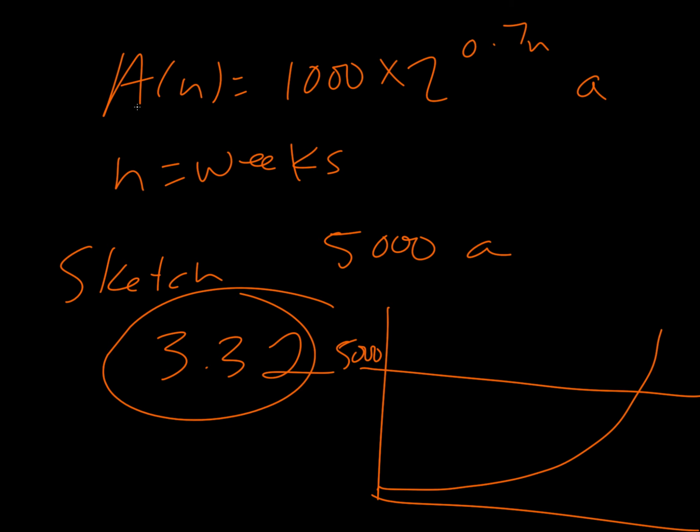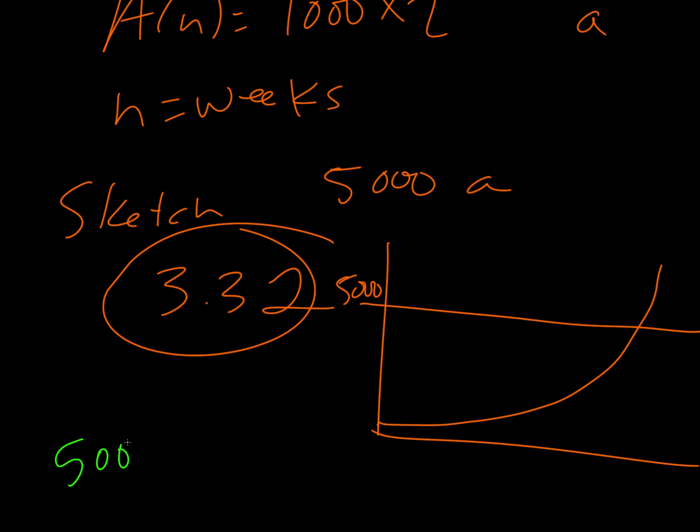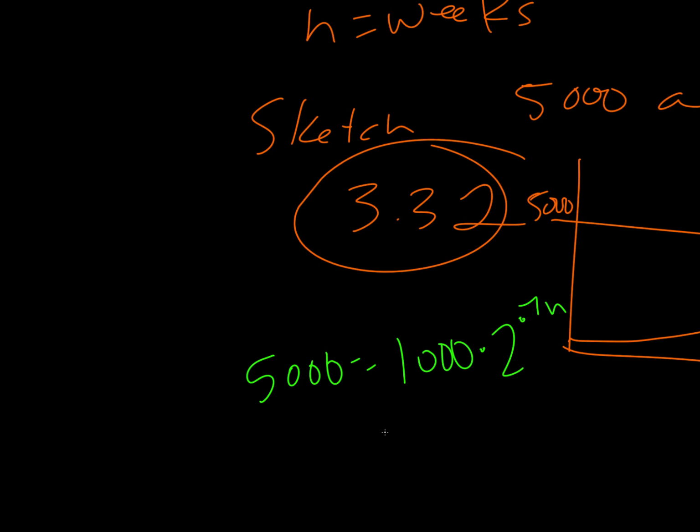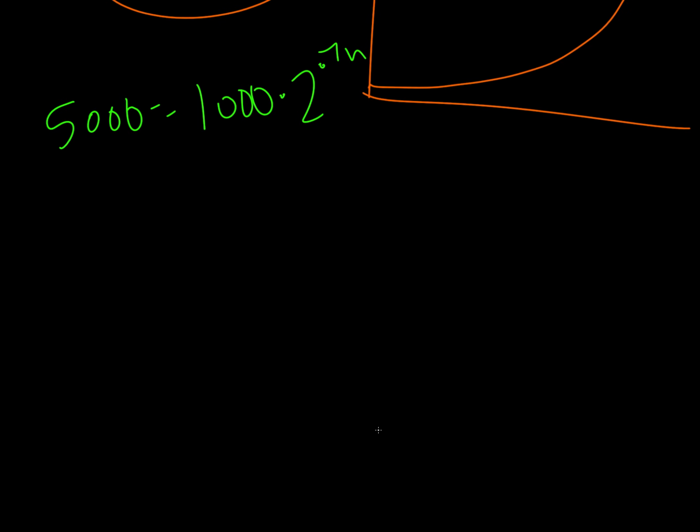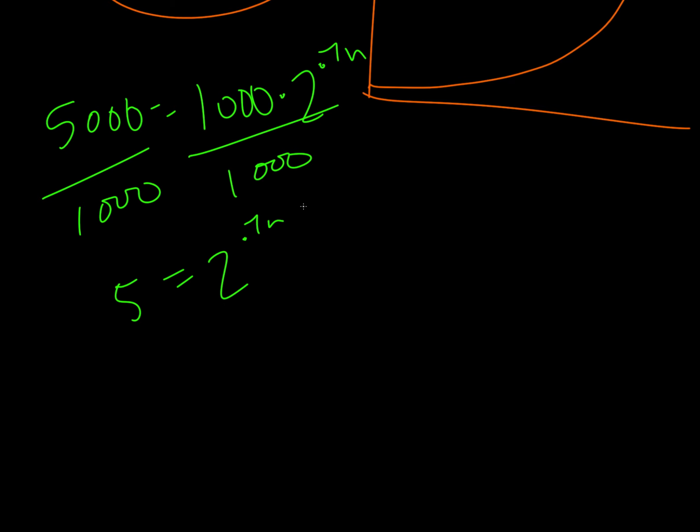So what we're going to do is plug in 5,000 for this, and then solve for n. So we get 5,000 is equal to 1,000 times 2 to the 0.7 n. So on the algebra, we're going to first divide by 1,000. So 5,000 divided by 1,000 is 5. Okay, the way we undo a big 2 is we do a log base 2.